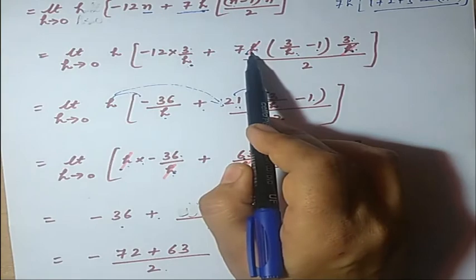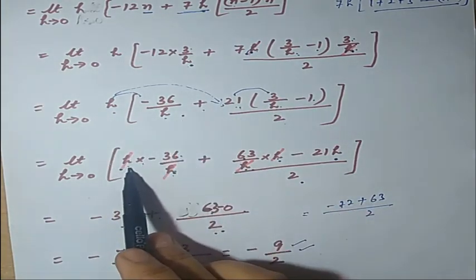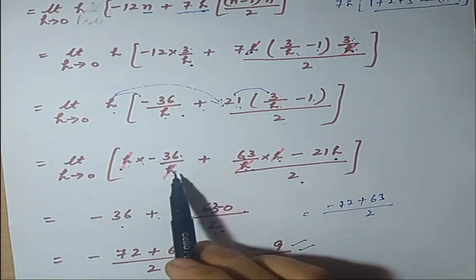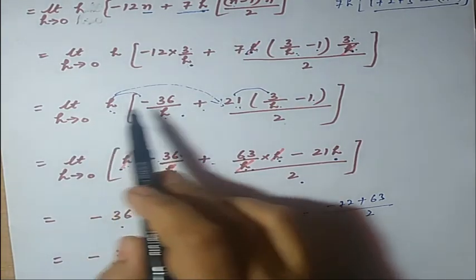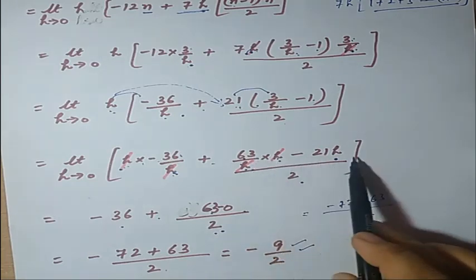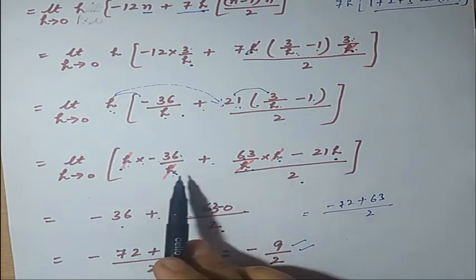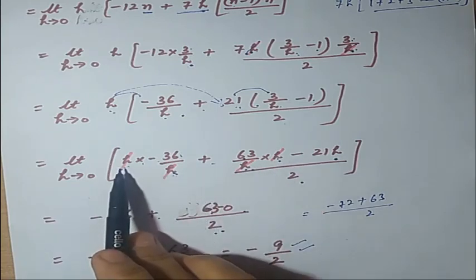h and h cancel. When we solve the value by applying cross multiplication, it will be equal to h into -36/h, plus when we multiply this h in this term also, it will be 63/(h·h) minus 21h/2. Now h and h cancel, and h and h also cancel here.